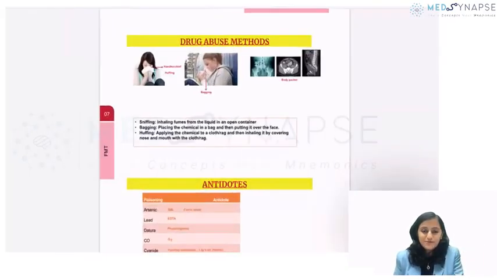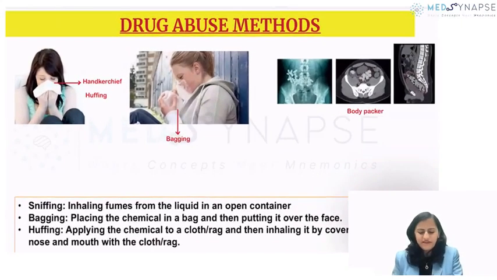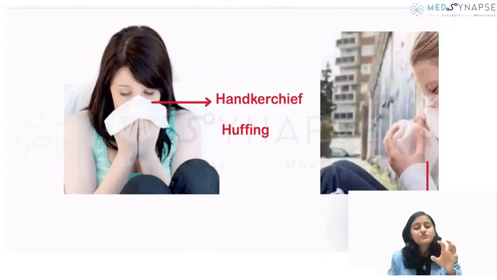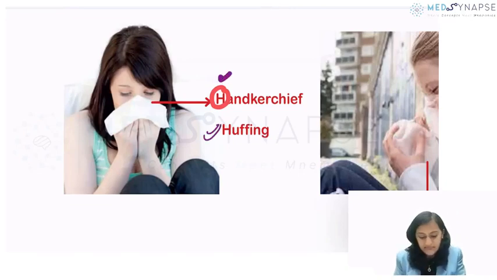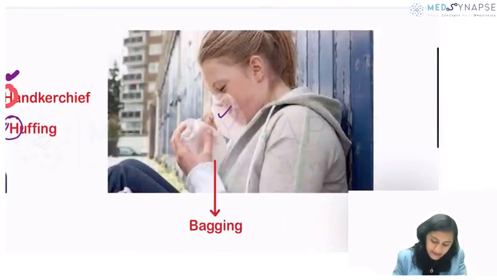Going to the next one, the drug abuse methods. This is very frequently asked in the FMG exam with images, right? So first one, what is this method of consuming the drug? Is it sniffing? Is it snorting? Is it bagging? Is it huffing? So when we are using a handkerchief to take the drug, that is huffing. HH, handkerchief is huffing. This is bagging.